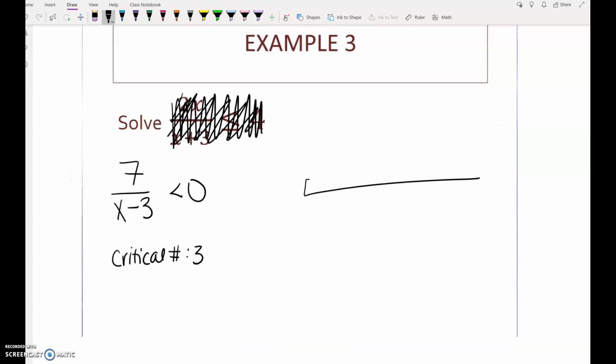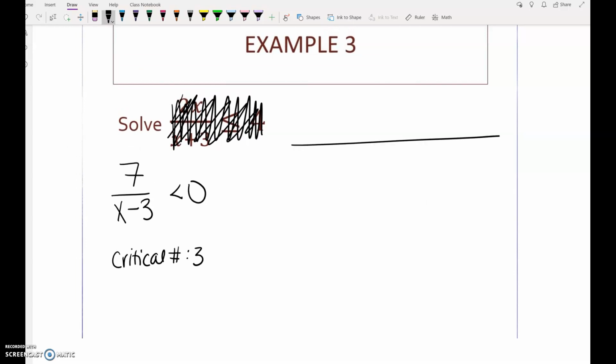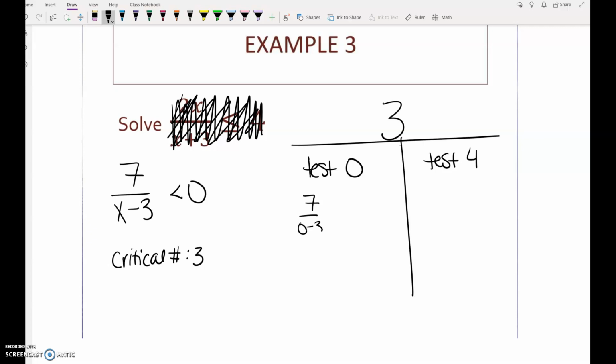That makes the testing a whole lot easier because we only have to test two things. We need to test something smaller than 3. I'll test 0. We need to test something bigger than 3. You can test 4, 5, 6, whatever you want. Okay, so 7 over 0 minus 3.